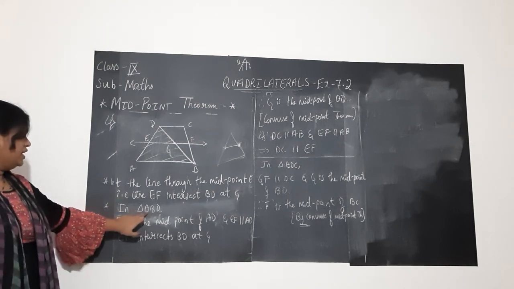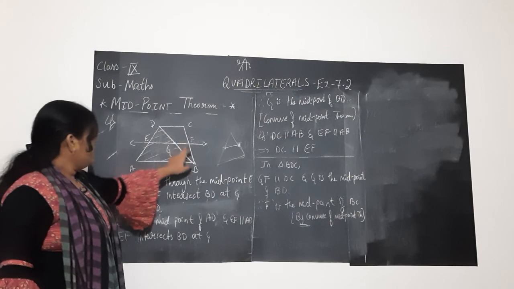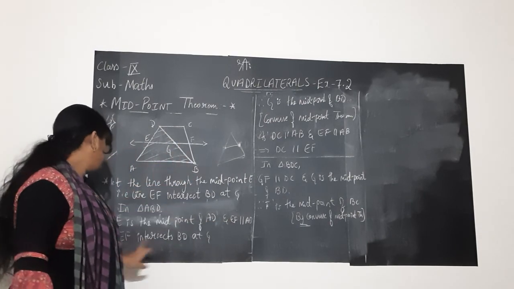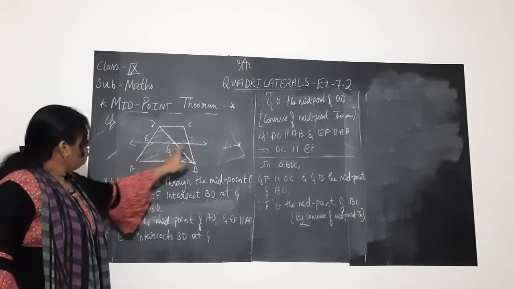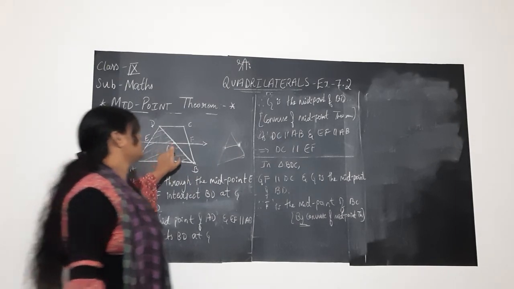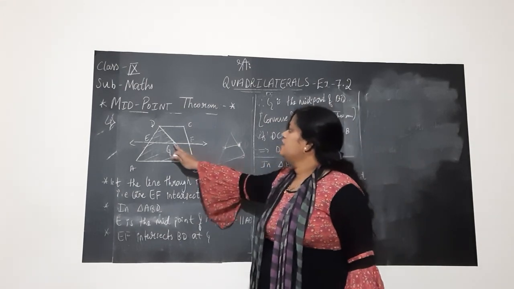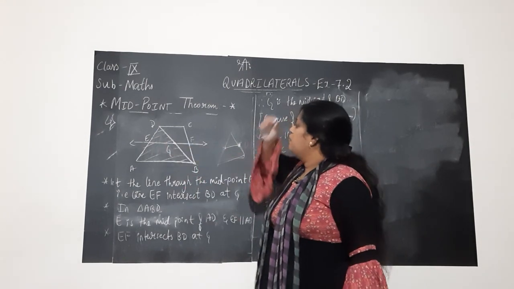In triangle ABD, E is the midpoint of AB and EF is parallel to AB, and EF intersects BD at G. That is, we have marked EF at G, and G is the midpoint.